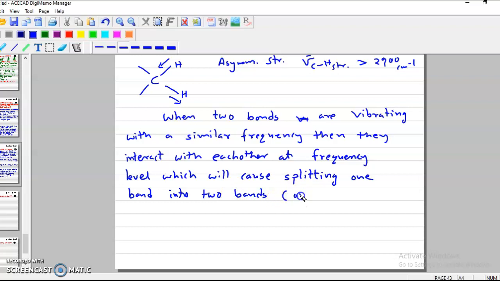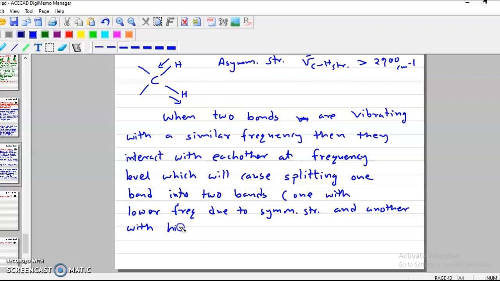Here, one with a lower frequency, particularly due to symmetric stretching, and another with higher frequency due to asymmetric stretching.